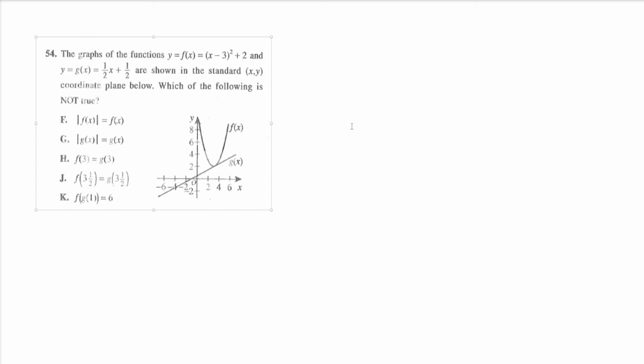F of 3.5 is equal to 3.5. Okay, that's kind of hard to tell, but I guess those are two numbers that you would plug in and try, right? And then f of g of 1 is equal to 6. What is this? F of g of 1 is equal to 6 is the claim.